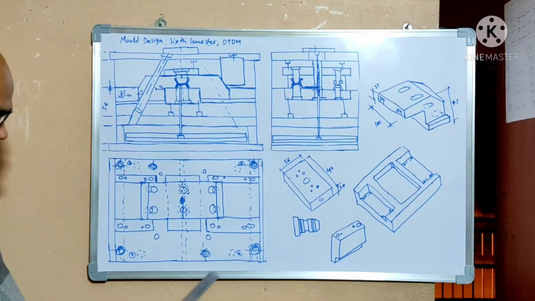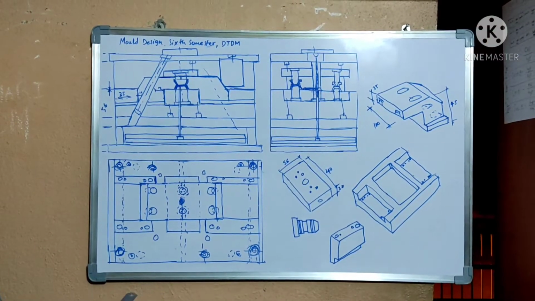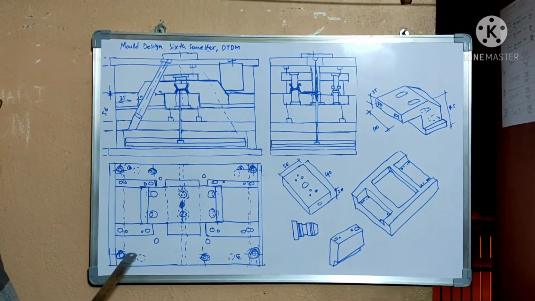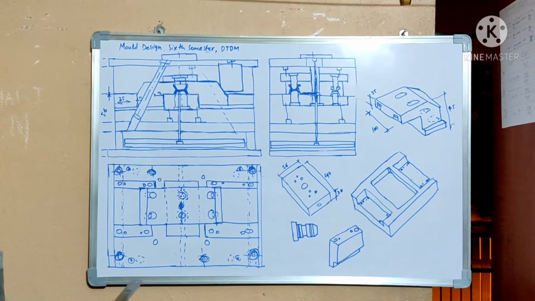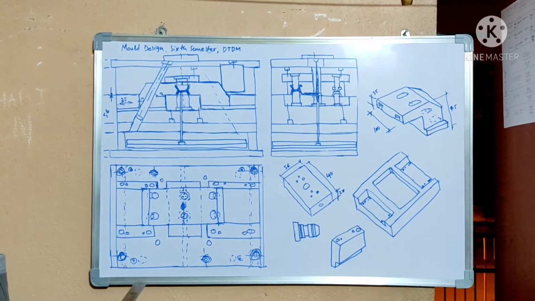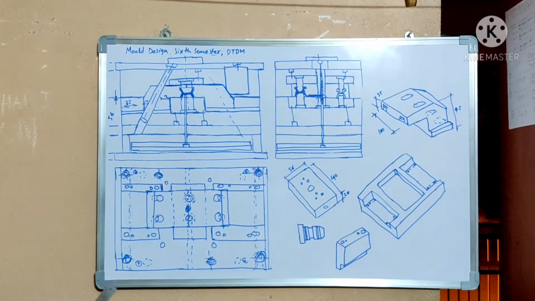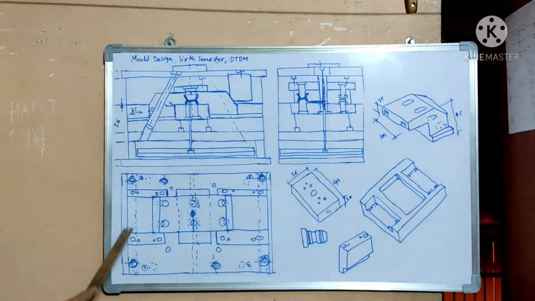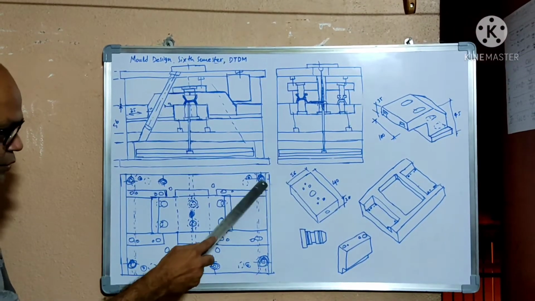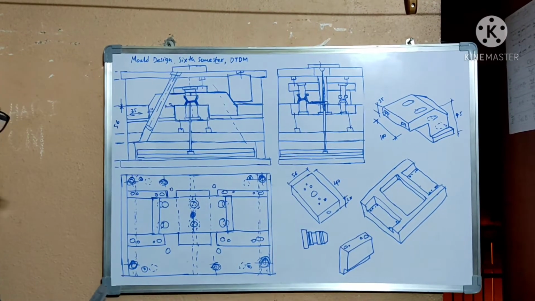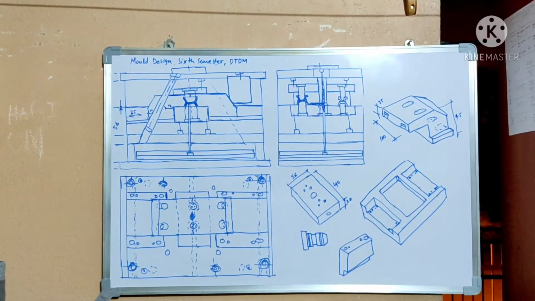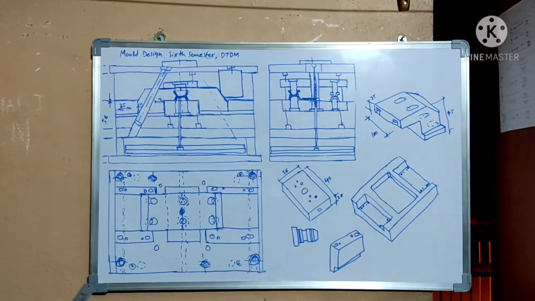You have observed the top view of the tool. While designing the 1:1 tool, the elements are placed here in the top view of the tool. 1, 2, 3, 4 are the guide pillars and guide bushes; you have to draw them as per the GTDC standards.